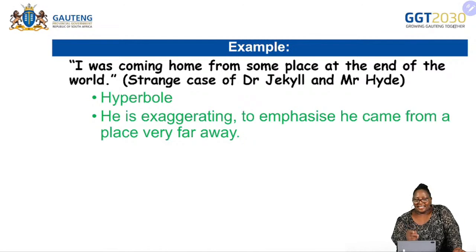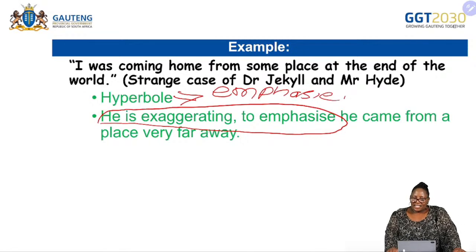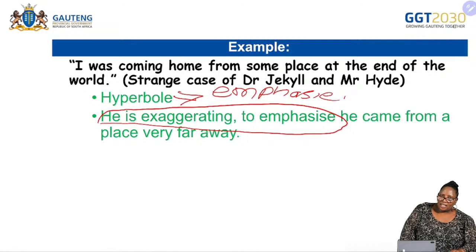He is exaggerating to emphasize. Remember, why are we using a hyperbole? We are using hyperbole to emphasize something. In this instance, what is being emphasized? That this person comes from where?